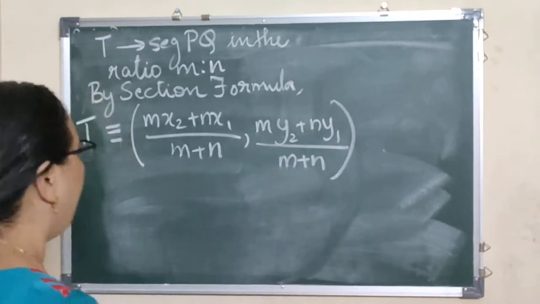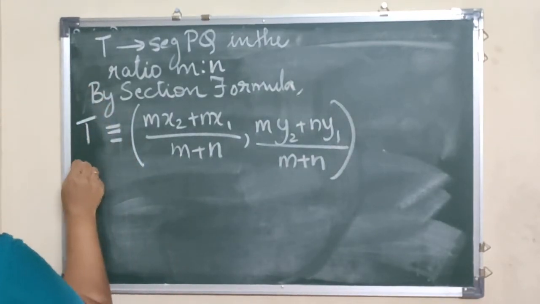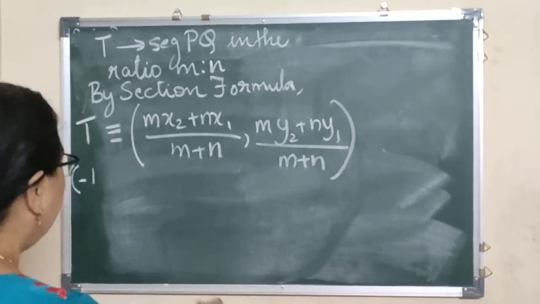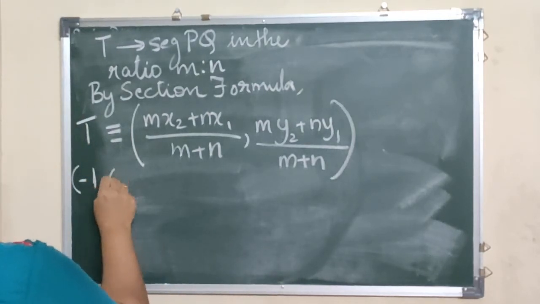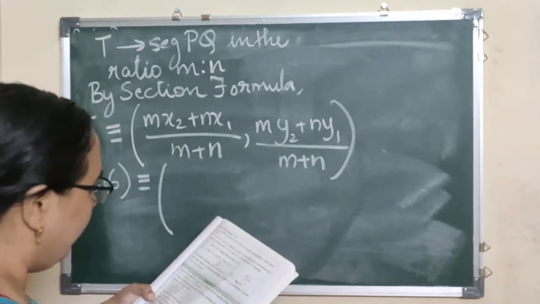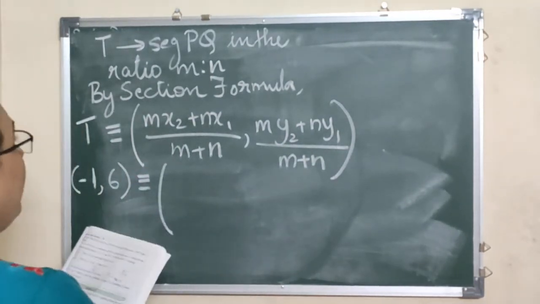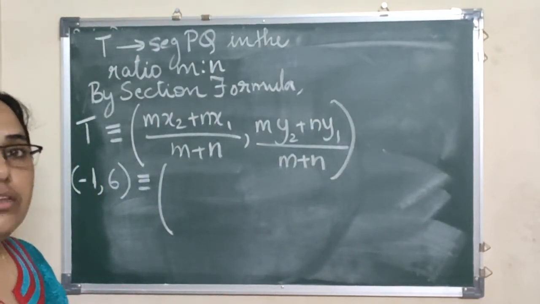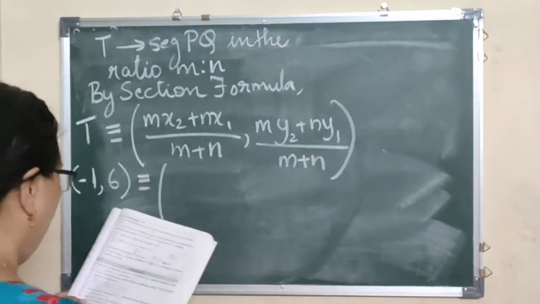Done? Now, for T we have been given the coordinate as minus 1, 6. Is that very clear? And we go further. So let us take P as x1, y1, Q as x2, y2. So what do we get?